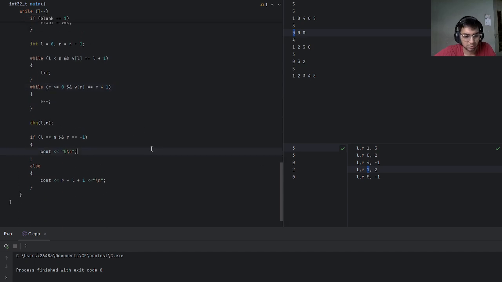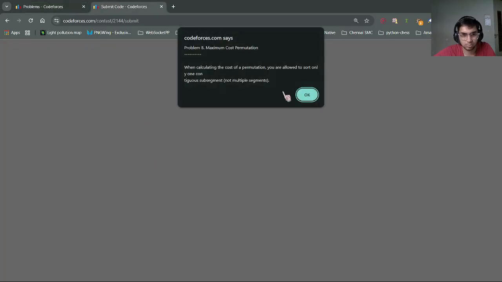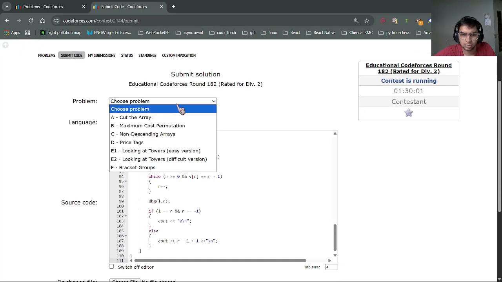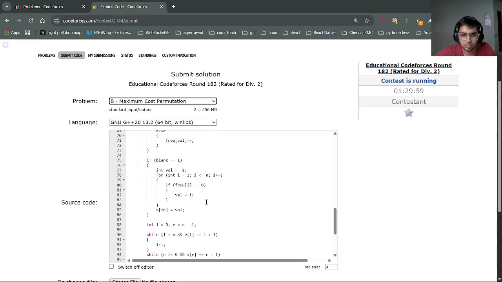It will be next like here's a, you have to sort only one continuous subset, not multiple subsets. Yeah, it's pretty much the basis.